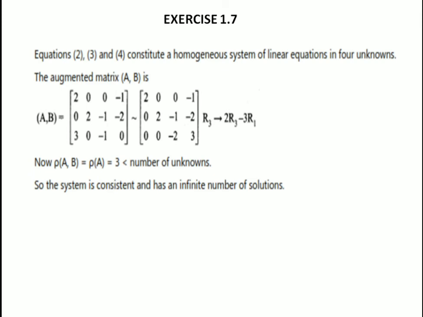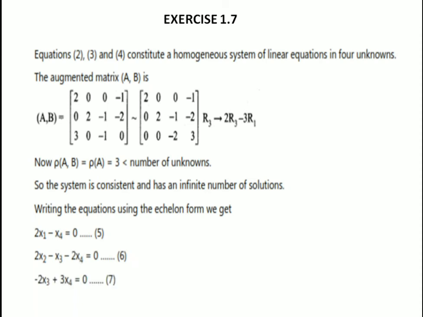So the system is consistent with infinite number of solutions. Write the equations using the echelon form. We get 2x1 minus x4 equal to 0, fifth equation. Then 2x2 minus x3 minus 2x4 equal to 0, sixth equation. Minus 2x3 plus 3x4 equal to 0, seventh equation.